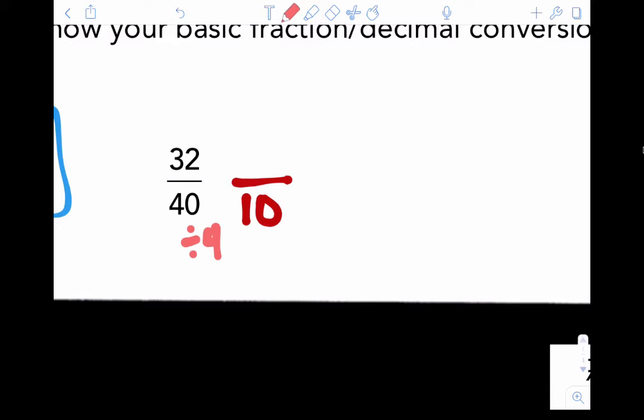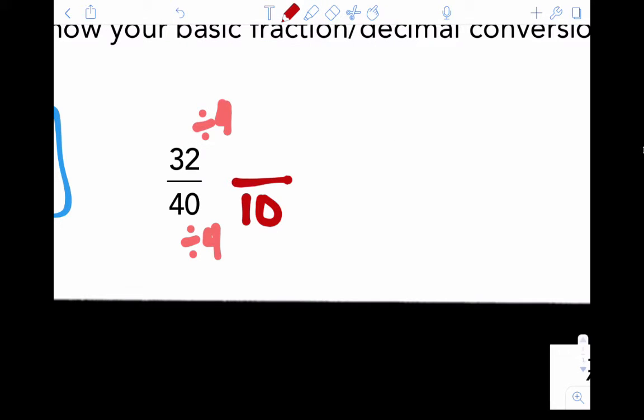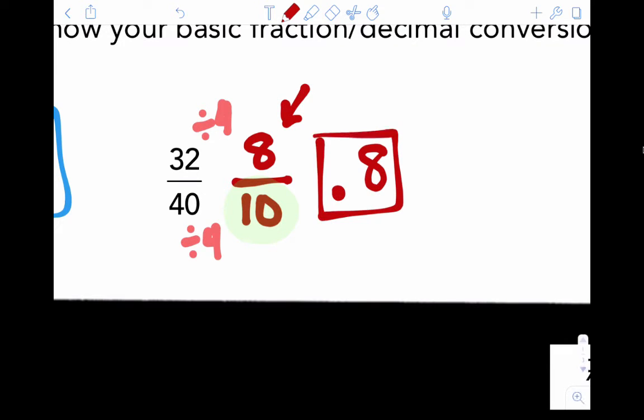When I do that, 40 divided by 4 is 10. I'm going to do the same thing to my numerator. 32 divided by 4 is 8. Now that my denominator is a multiple of 10, my numerator is the decimal. So 32 over 40 is the same thing as 8 over 10, which is the same thing as 0.8.